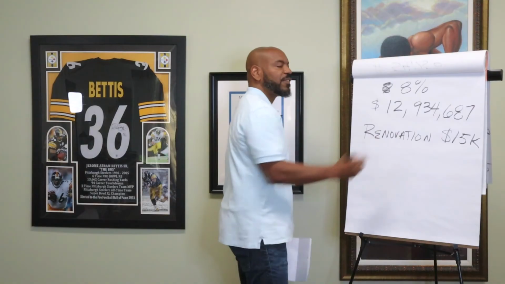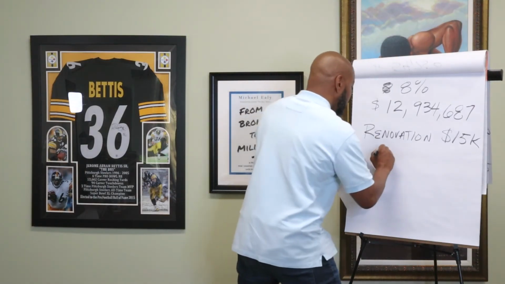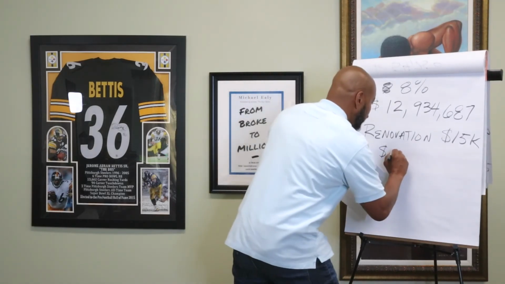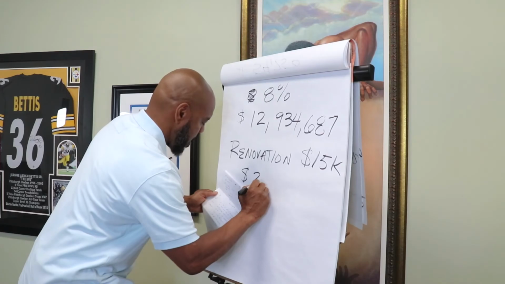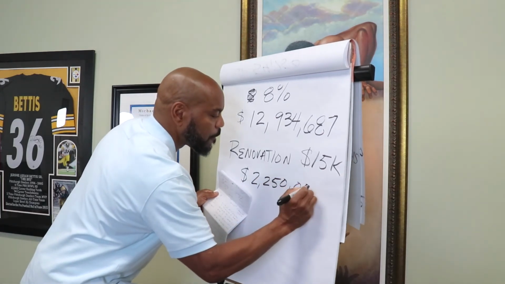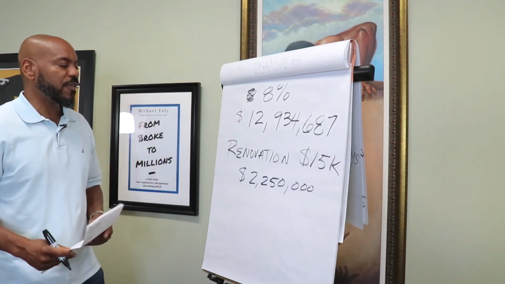So $15K a door, remember we have 150 rooms, so the cost of the renovation for 150 rooms is $2,250,000. All right, again, we're just doing a rough summary of the value.